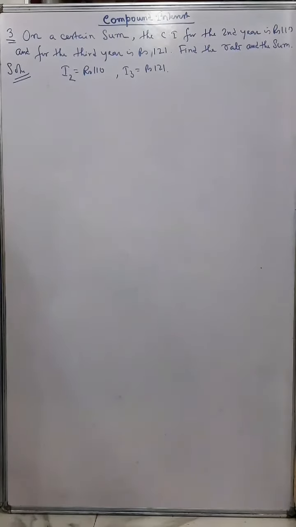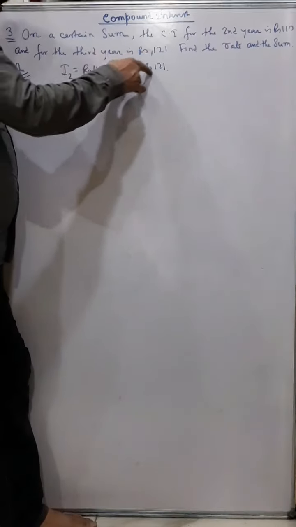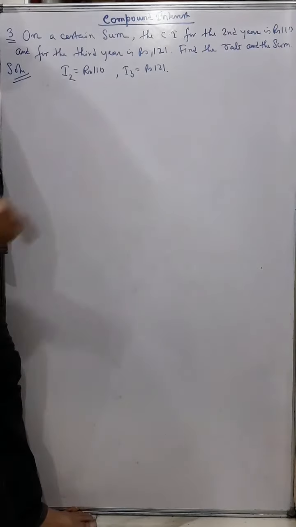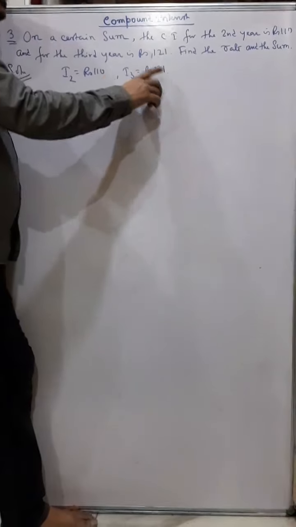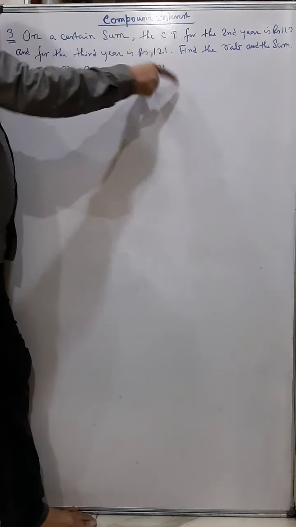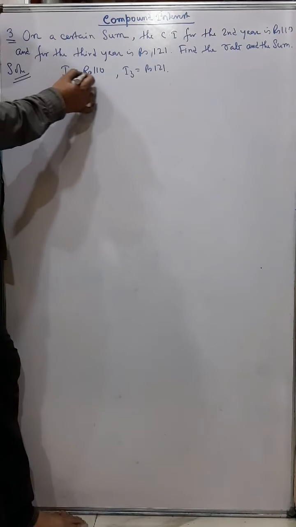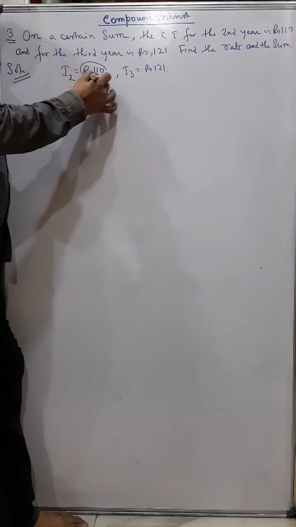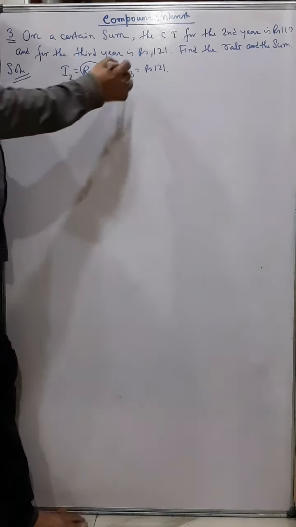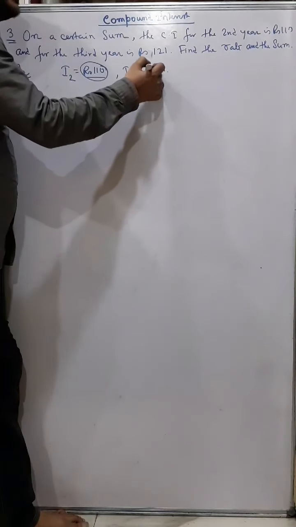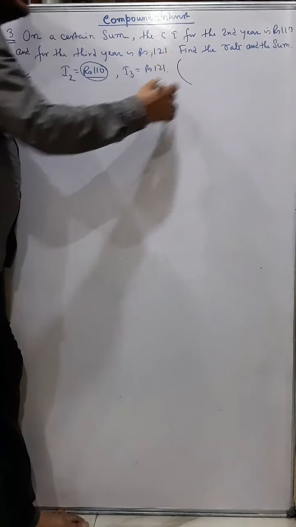121. If you remember, in the first video I told you why in compound interest increases every year. The interest increases every year because interest is charged on interest. Now try to understand, in the second year the interest is 110. Now why is the third year 121?